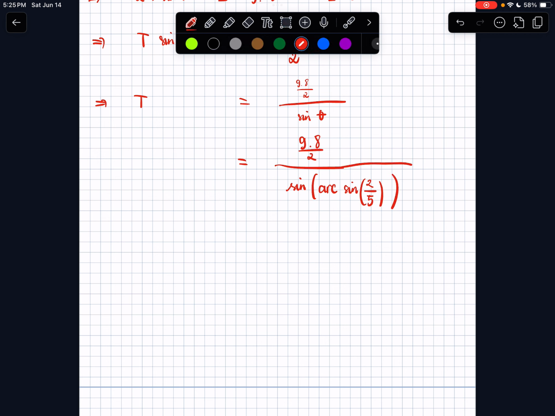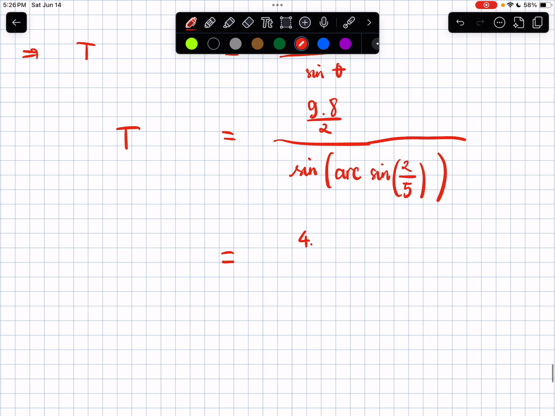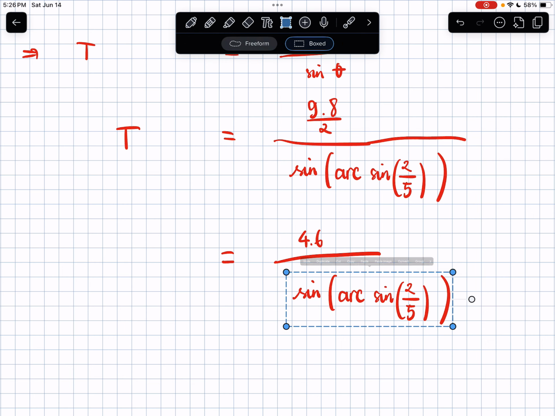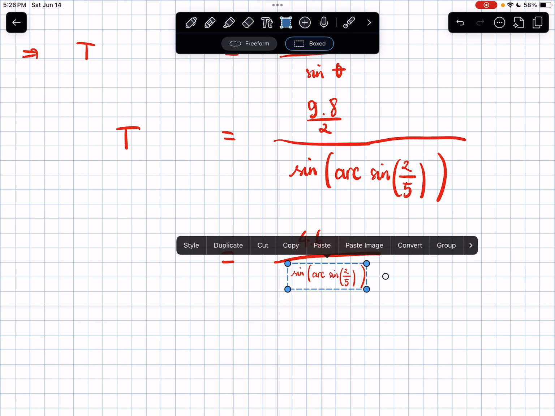So this is T, the magnitude of vectors T1 and T2. This number should be 4.9 divided by this much. You do the computation. So that is T.